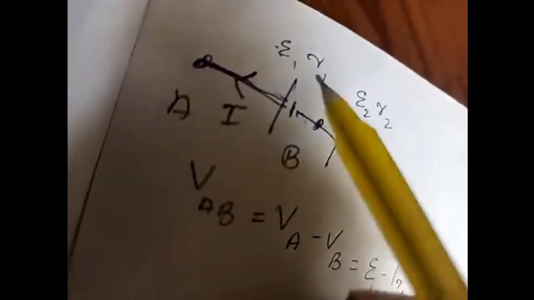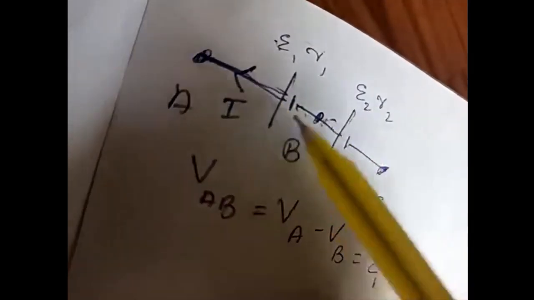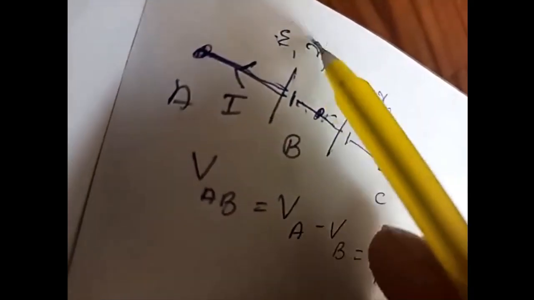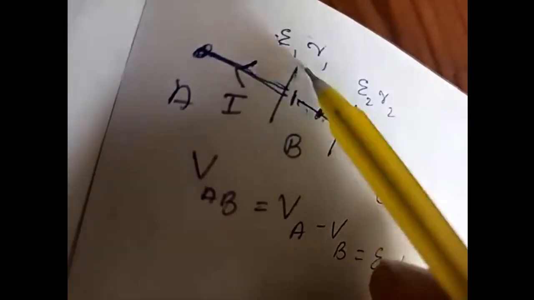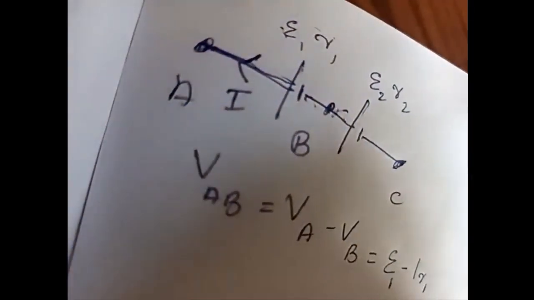E1 is the total EMF of this cell. We are considering in between A and B. E is the EMF produced, and since there is an internal resistance, some of this E value will be dropped here itself. At the cell itself, a portion called IR1 will be dropped.